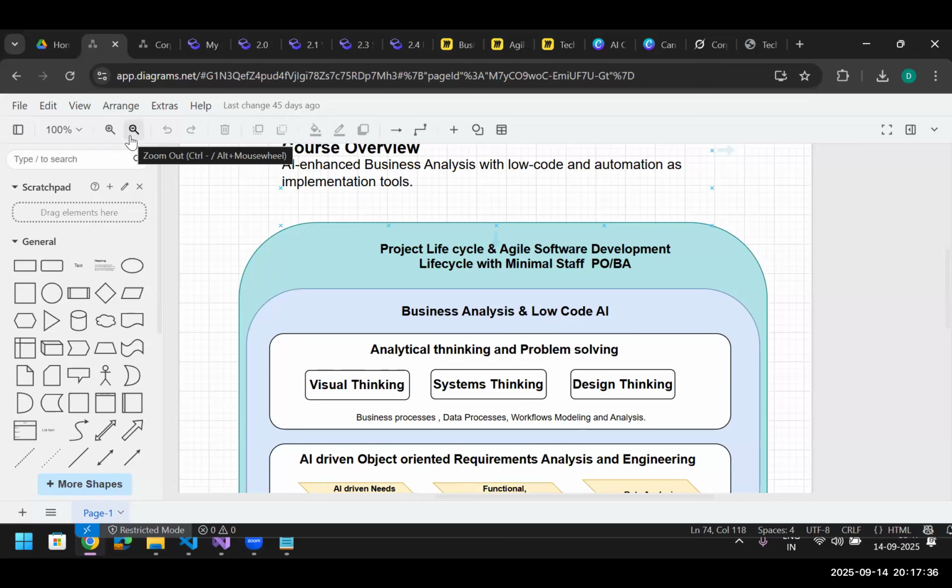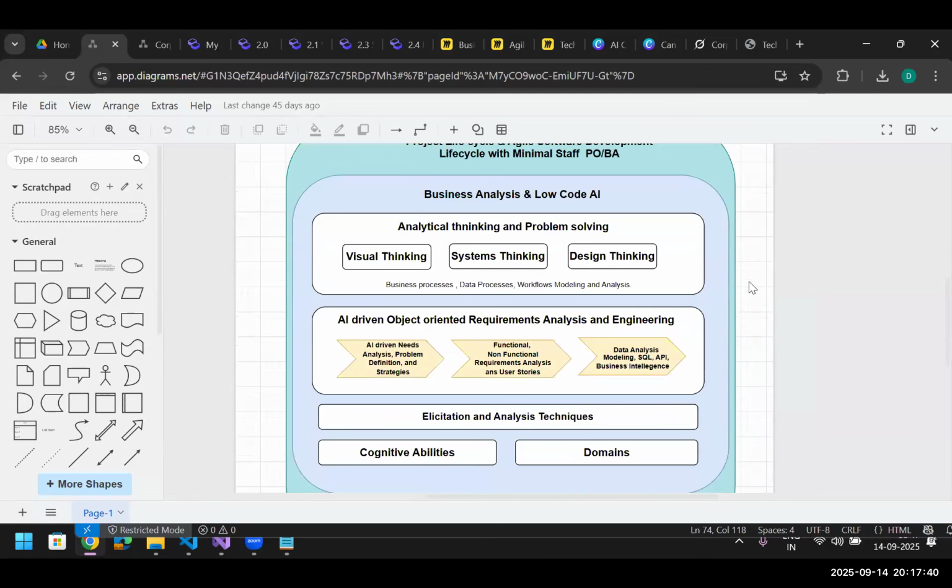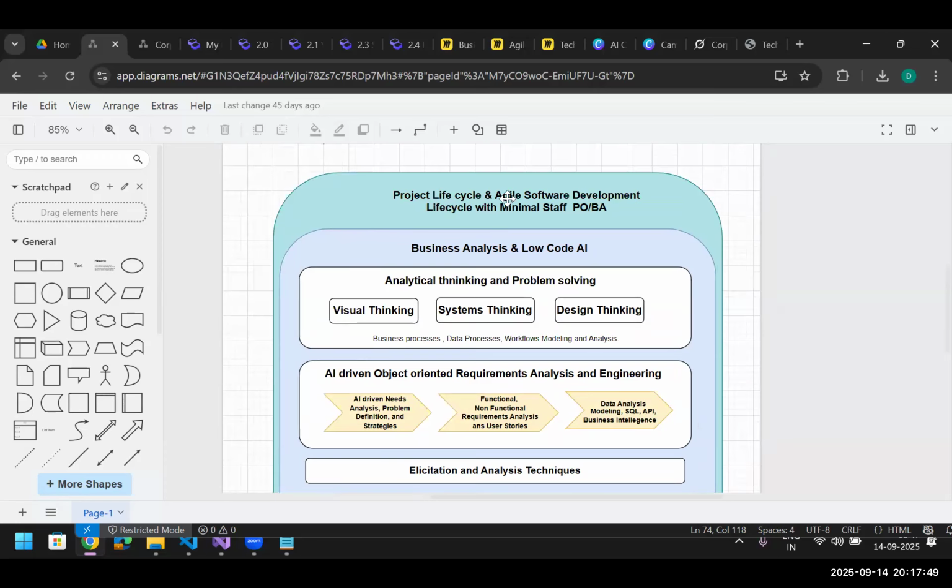This is what we thought of, to design this way to give you a very systematic understanding. The first thing is we should understand where we come from, whether it is a technical background, a project management background, or a functional background.